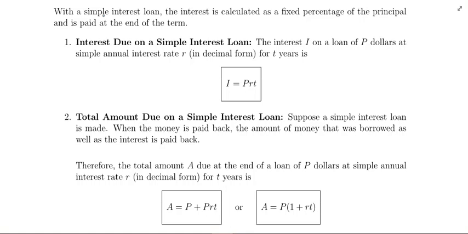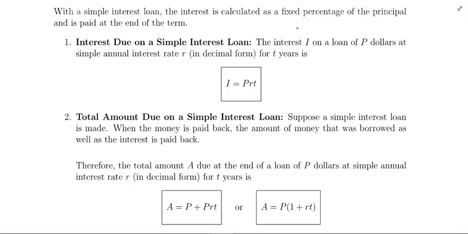But it is possible to have a simple interest investment or savings account. So back up here, with a simple interest loan, the interest is calculated as a fixed percentage of the principal and is paid at the end of the term.